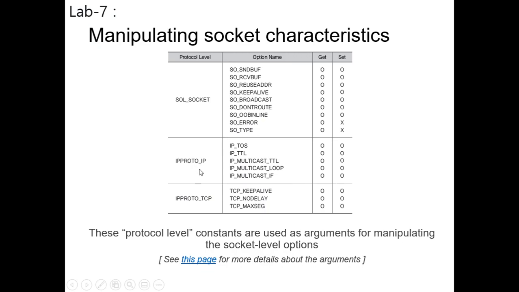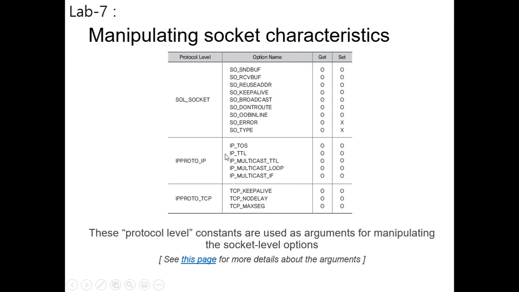These will be grouped by protocol level, if you remember, where this would be the socket level, this would be the IP level, and this would be the TCP level.